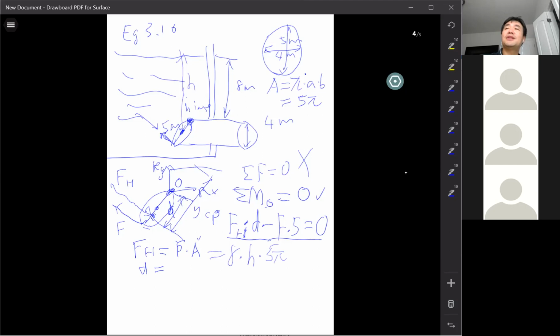But you really need to know that H is the water depth at the centroid location, the center of area. So that's why for solving any problem of surface force, you need to know exactly where your centroid is, in order to find the water depth at the centroid.